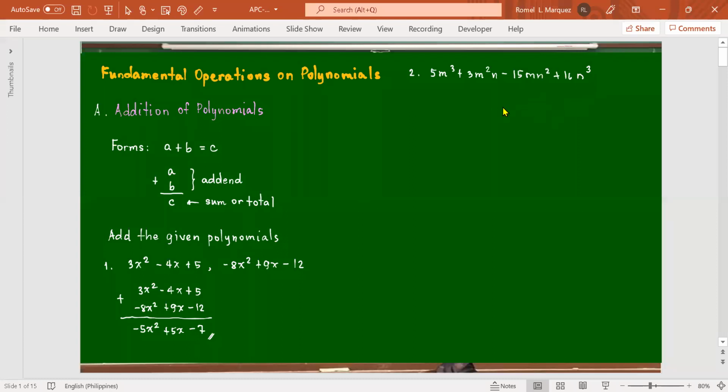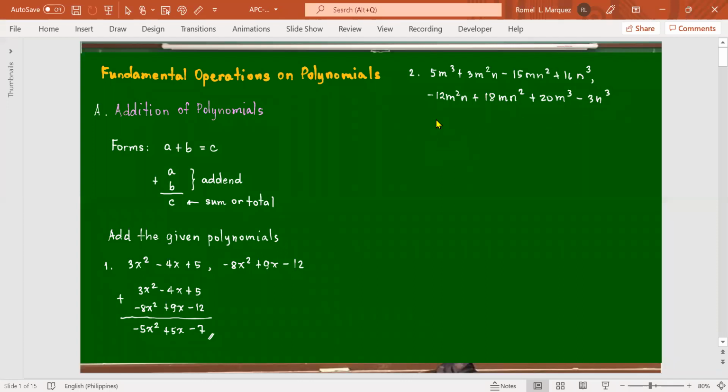So let's say we have this. Then after that, the second one is negative 12m squared n and then plus 18mn squared then plus 20m cubed minus 3n cubed.